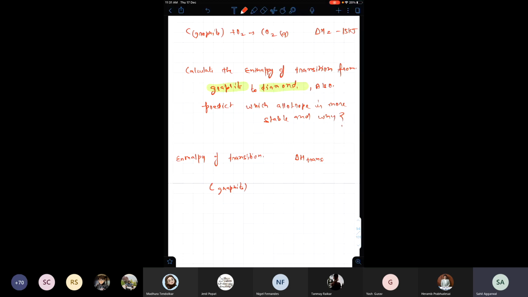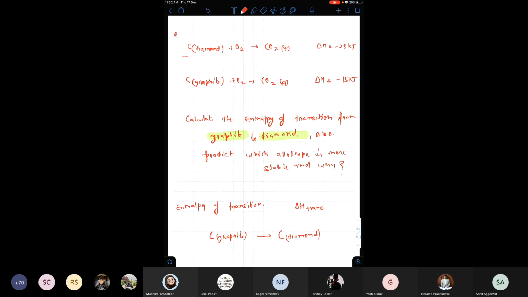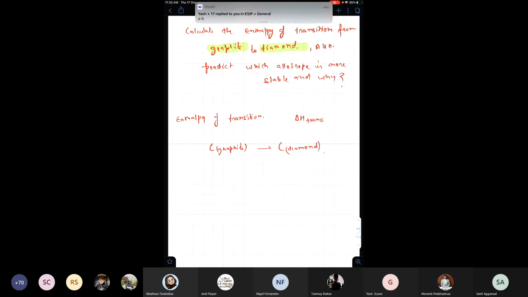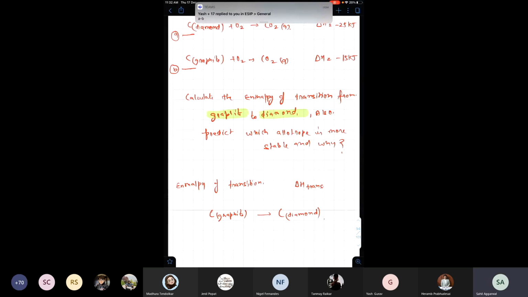We want graphite on left and diamond on right. इसको A बोल देते हैं, इसको B. What will do, B minus A or A minus B? A minus B क्यों यार?